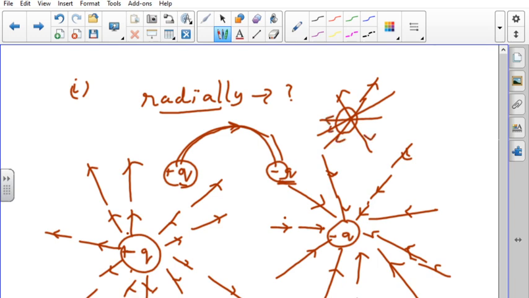That is why we say for a positive charge, electric field lines are always directed radially outward, along the radius of the given circular area. And for a negative charge, electric field lines are directed radially inwards. That's the first property of electric field lines.